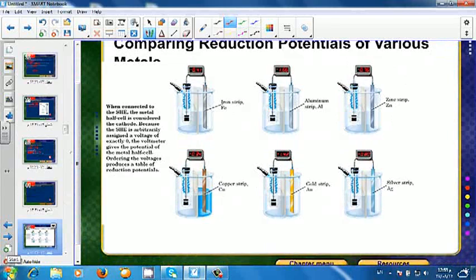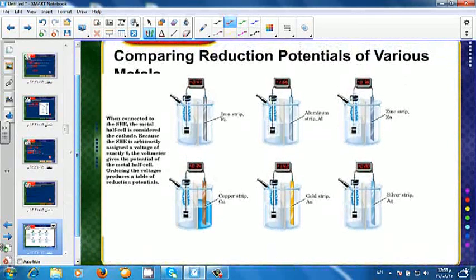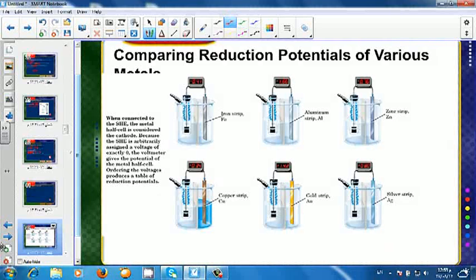And here we have comparing reduction potentials of various metals. Here for iron, we connect the iron to the hydrogen electrode, or the SHE. So the voltmeter here reads negative 0.41, and here aluminum negative 1.66, here for zinc, and here we have for silver, gold, and copper.